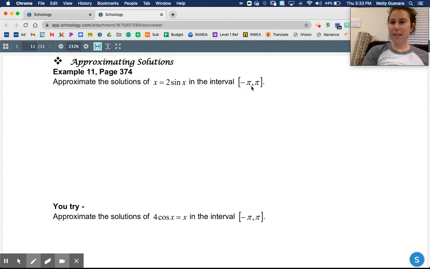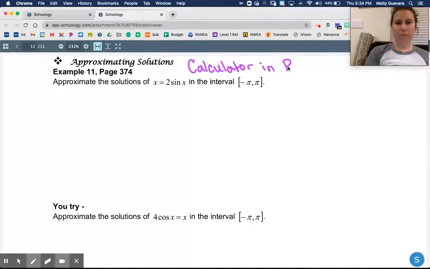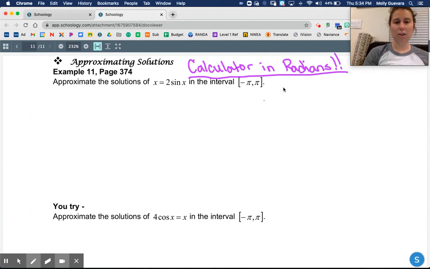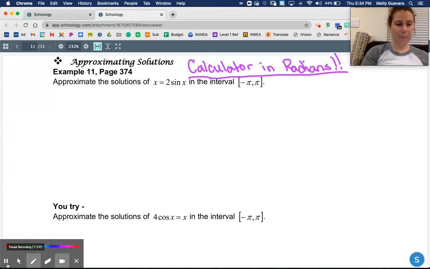This is not given in degrees, it is given in radians. You need to make sure that your calculator is in radians. So important. So go ahead and get your graphing calculator up, and then I'll show you what to do from there.